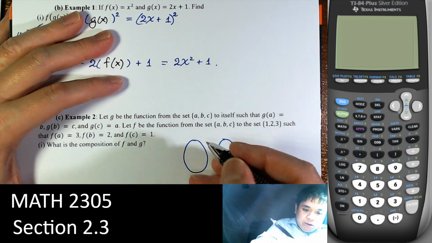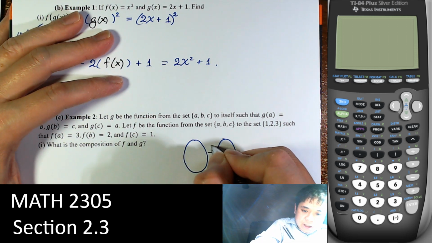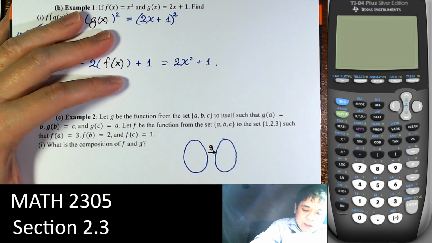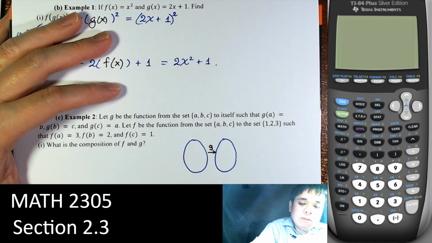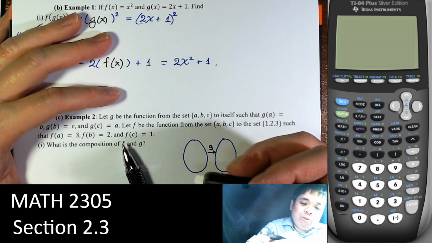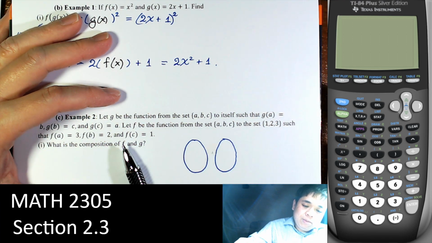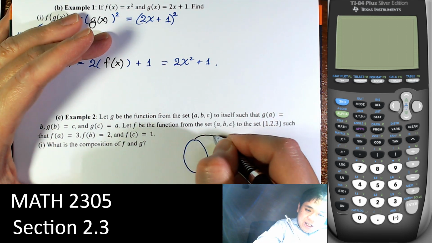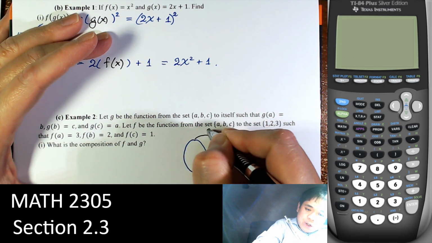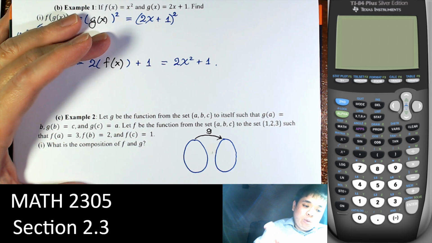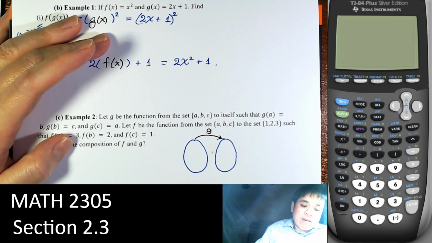First, we have the function g. Don't write like that, it will get very crowded quickly. Just going to say from this set to this set, that is g. And then from whatever that is, we're going to go with f.